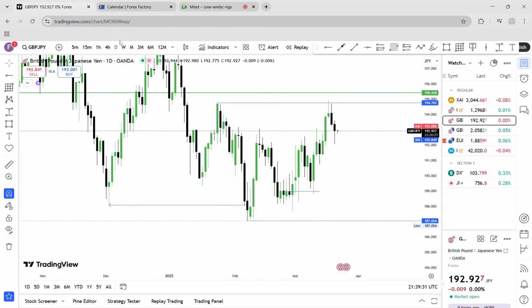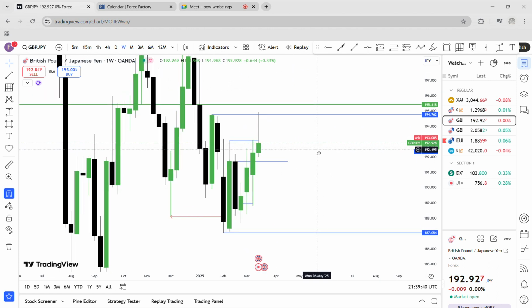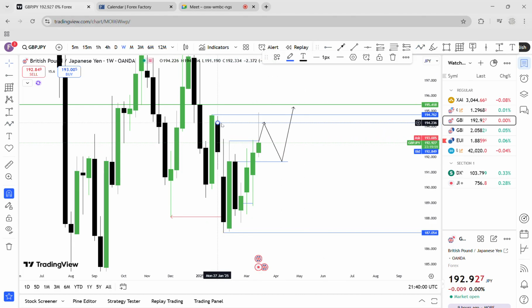So for this week, for this area to be valid, we need price to close above this high. That's why price came back down, probably to see an opportunity to trade higher, and failed to close above this one. Then we can now see a pullback. People who think, hey, we're about to sell, now we are seeing this trend, will get clapped later on. Then this area will be valid again for us to pull back to and continue going higher.